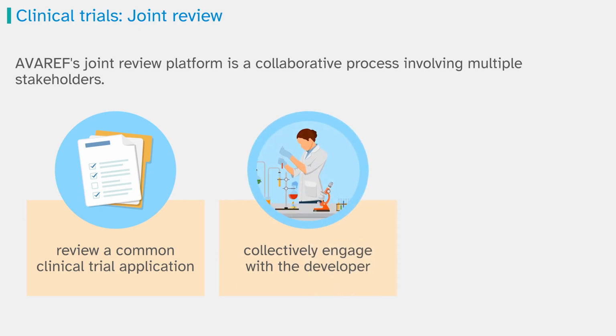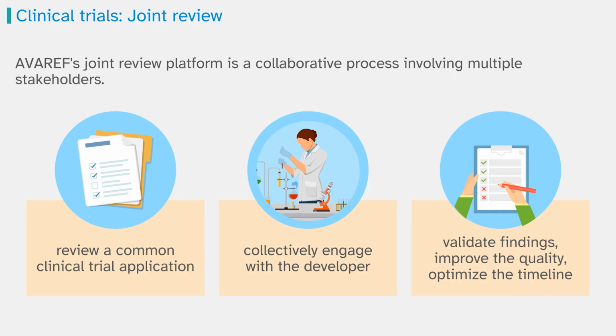This process allows NRAs and ECs to collectively engage with the developer by discussing all aspects of the clinical trial applications. 3. Through collaboration, NRAs and ECs can validate findings with peers and external experts, improve the quality of the review, and optimize the timeline of the process.